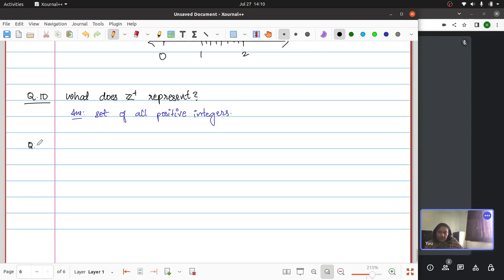Look at question 7. It is asking for the cardinality of the set of positive integers. So what is this? 1, 2 and so on. So this is not finite, right?